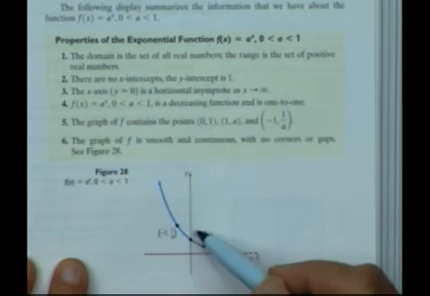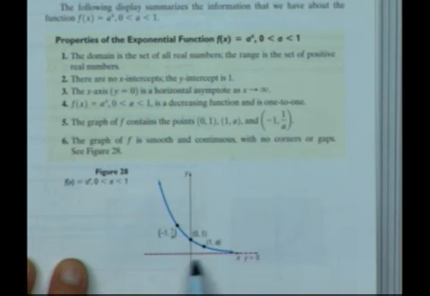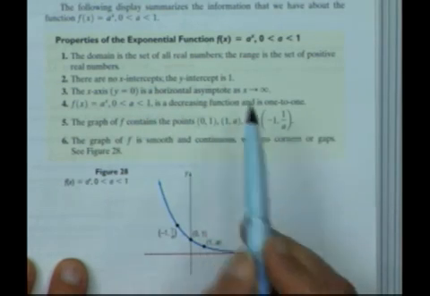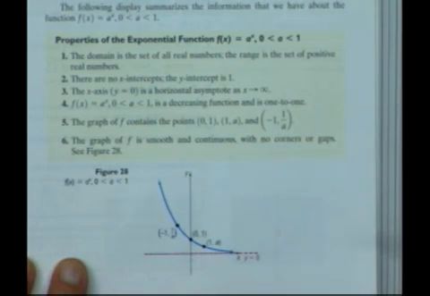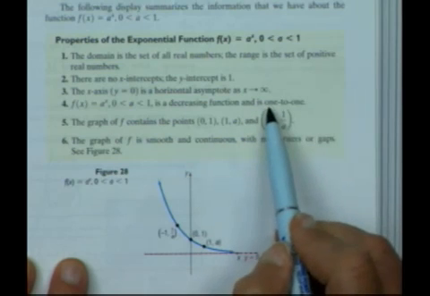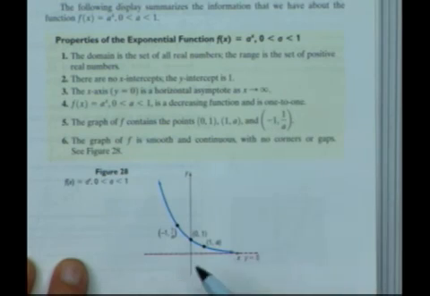The y-intercept still goes through (0, 1). The x-axis is still your horizontal asymptote. This function is decreasing. We called it a decay function. We didn't mention that it was 1-to-1, but again, this is getting you ready to talk about inverses. It is continuous and smooth.